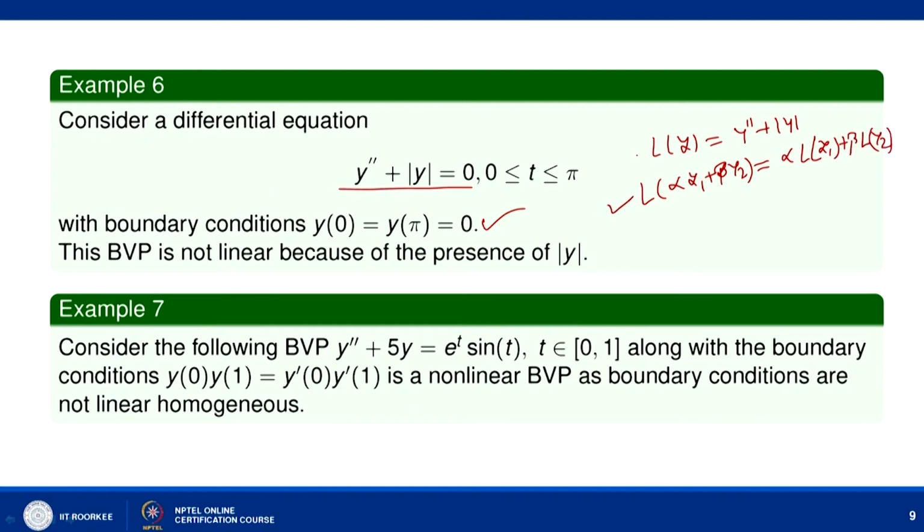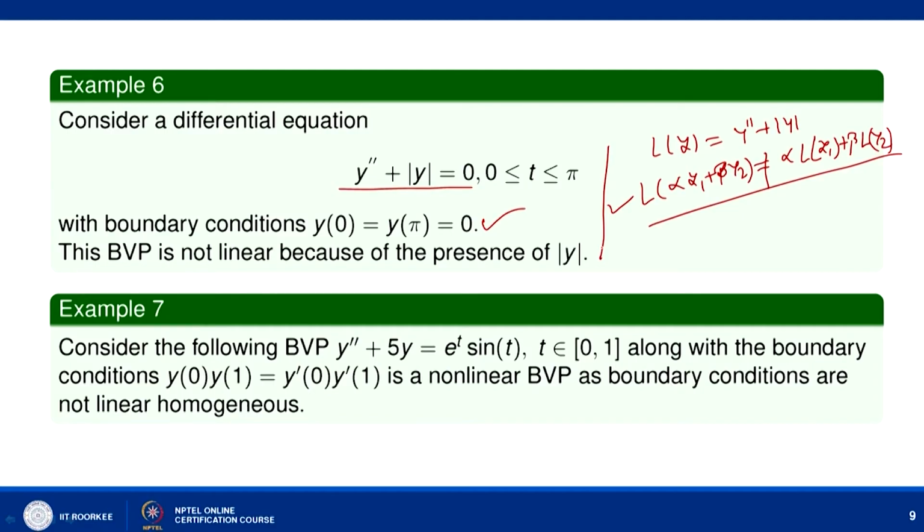If this holds, then we call it linear, and if it does not hold, we call it non-linear. Here it is not holding, so the differential equation is not linear, and we call this a non-linear boundary value problem.